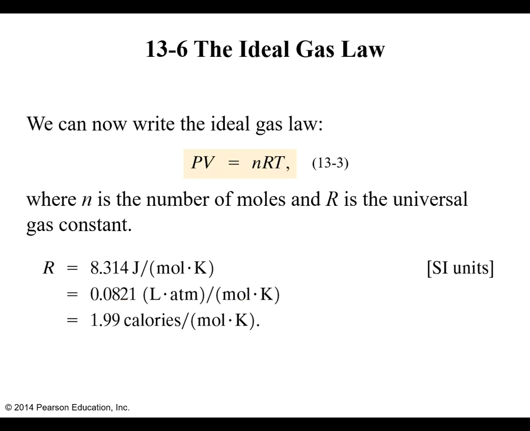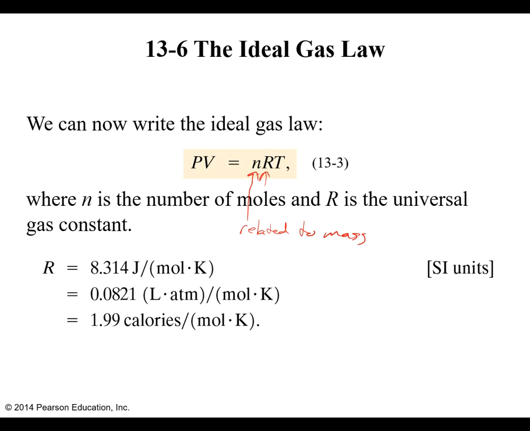The full ideal gas law would then be pressure times volume is equal to the number of moles times R, which is a constant number, times the temperature. And once again, I have to stress that the number of moles is related to mass.